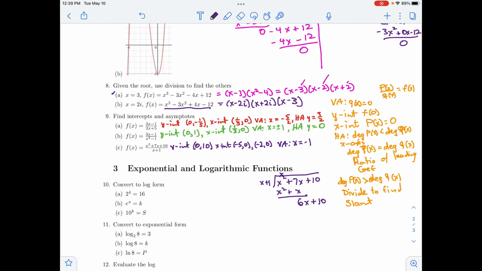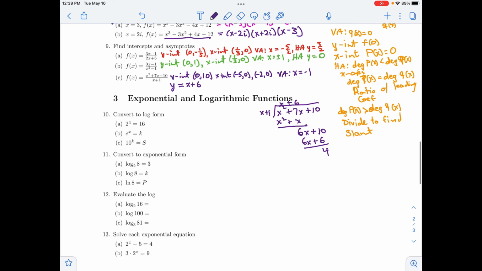X will go into 6x, 6 times. And at this point, we're at the end of the line. Our slant asymptote is the quotient. We don't have any regard for the denominator, the remainder.